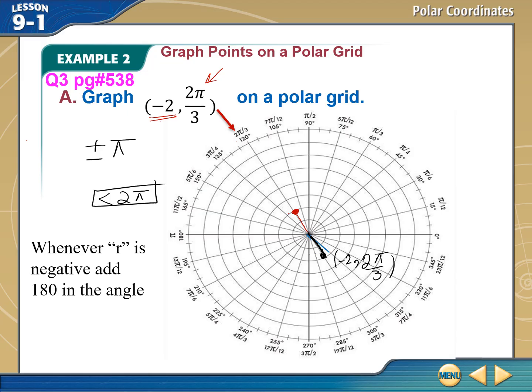So you will have 2 pi by 3 plus pi, which gives you 5 pi by 3. Now check, this line refers to 5 pi by 3. Yes, this line refers to 5 pi by 3. It means your answer is correct. So rather than going on the other side, it has to be straight. But this point is not the answer. This is the answer.